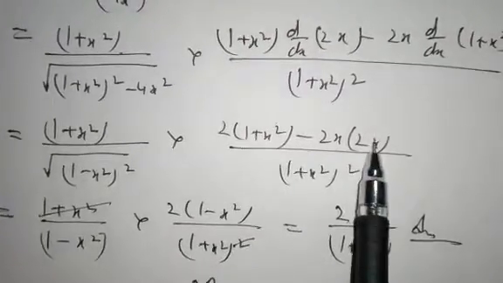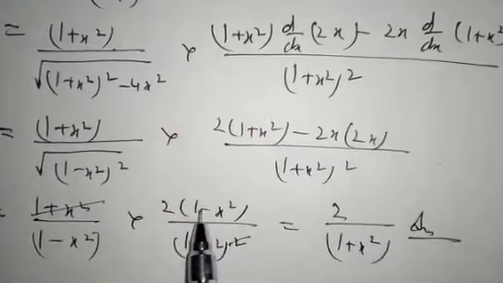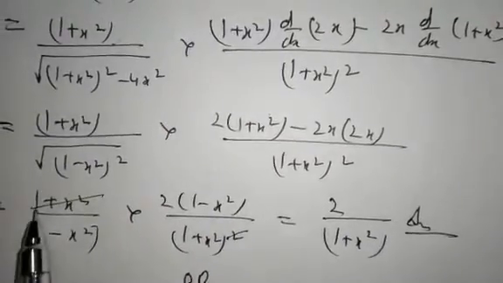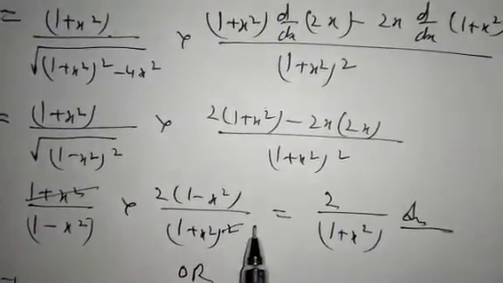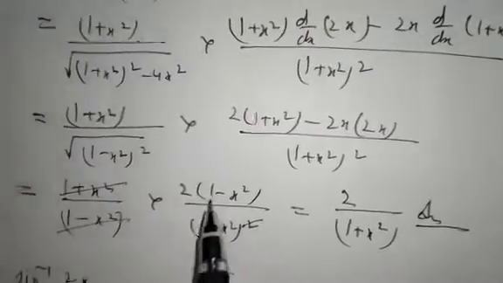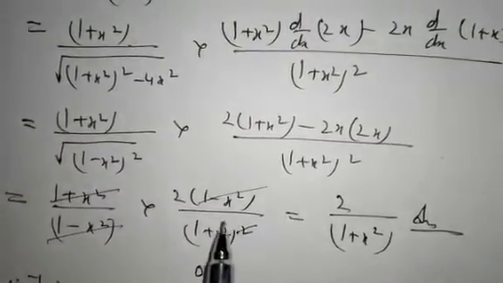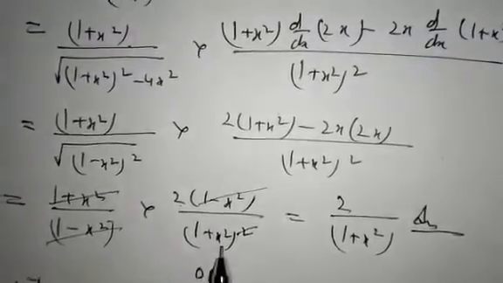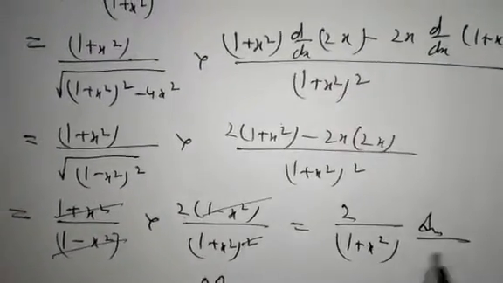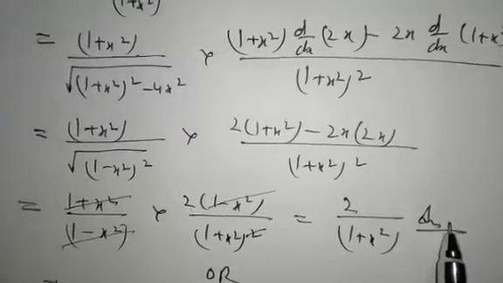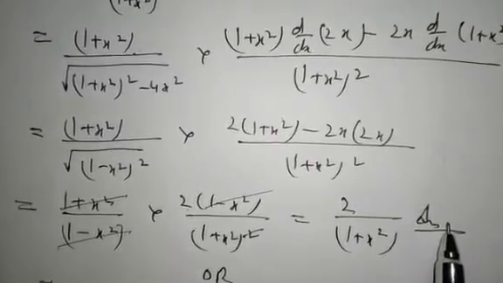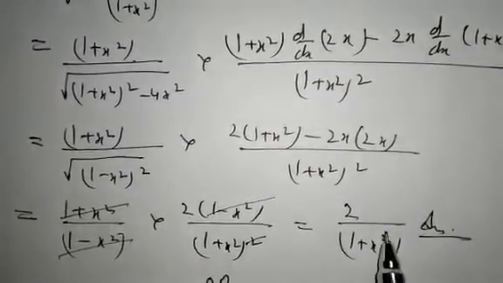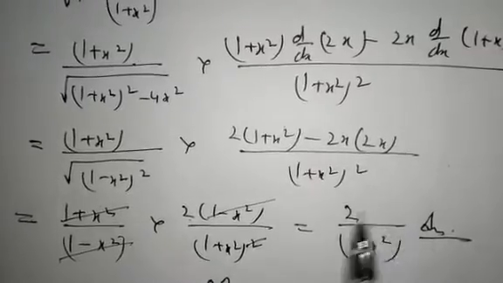After simplification of this numerator part we have 2 times 1 minus x square. Now the 1 power is cancelled, and 1 minus x square is cancelled with this 1 minus x square. So finally we have in the numerator only 2 and in the denominator 1 plus x square. So this is the final result, the derivative of the given function.